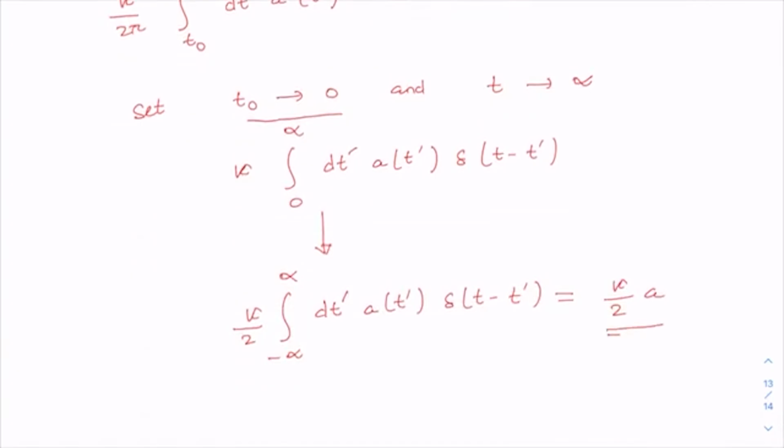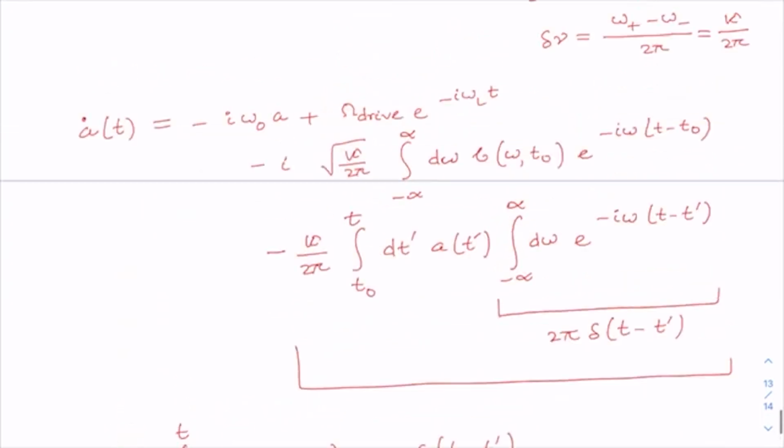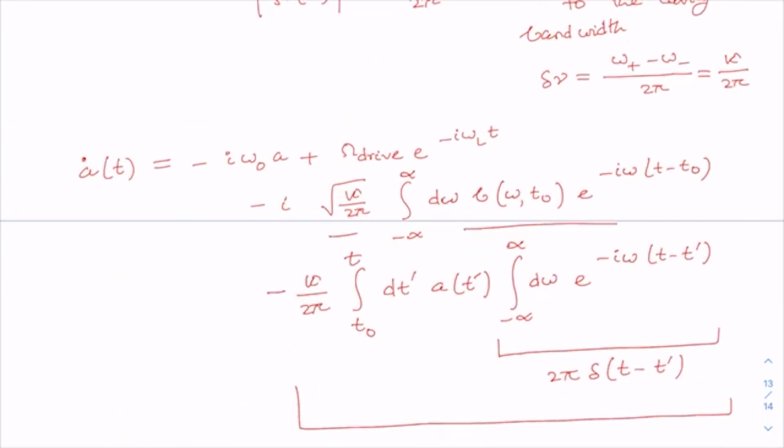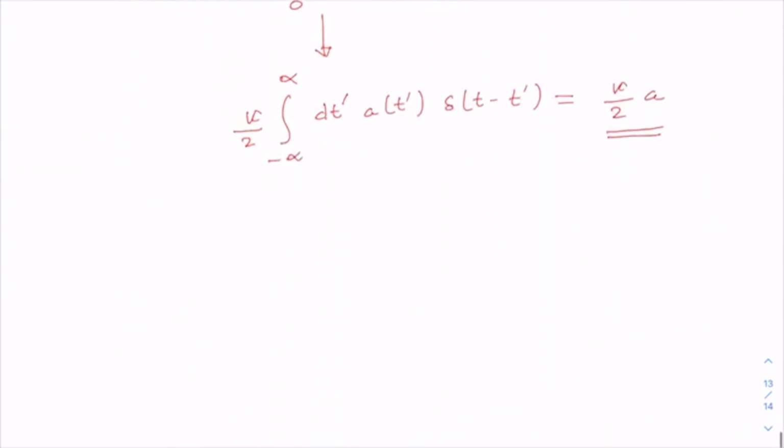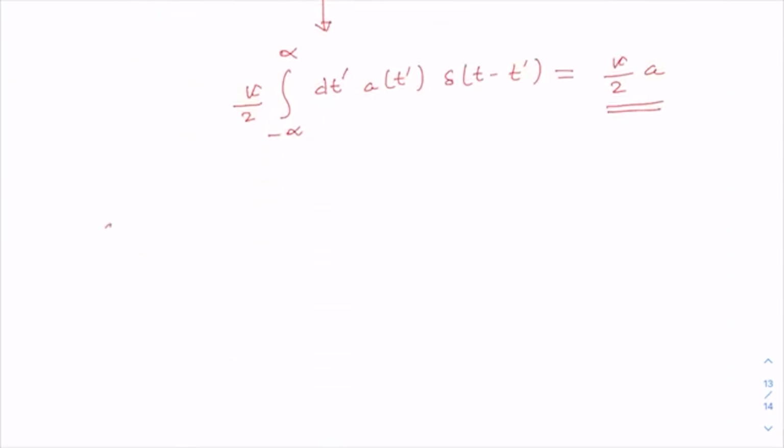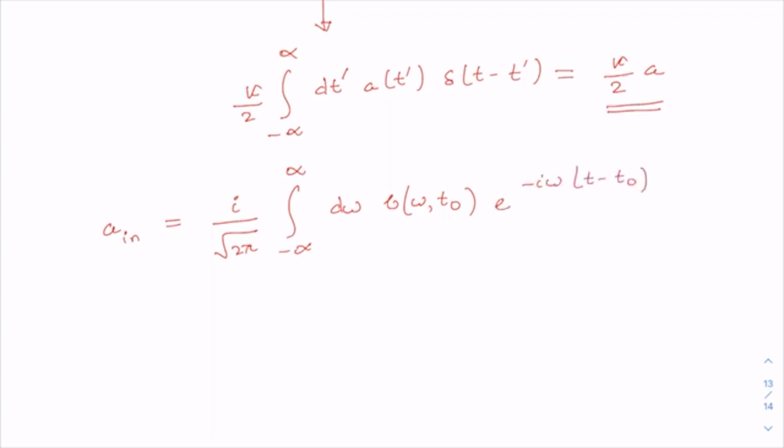On the other hand, in the third term, let us define a parameter a in equal to i divided by square root of 2 pi integration minus infinity to plus infinity d omega b of omega t0 e to the power minus i omega (t minus t0).